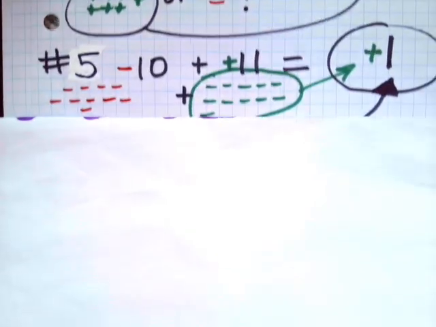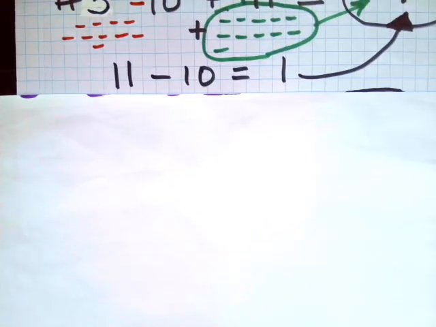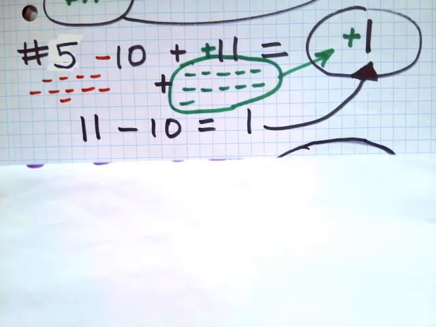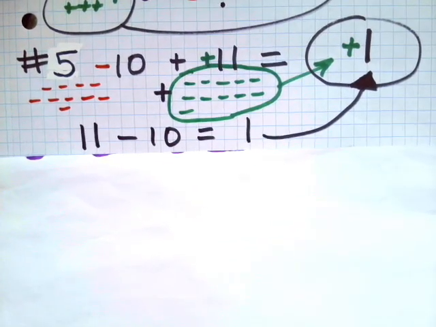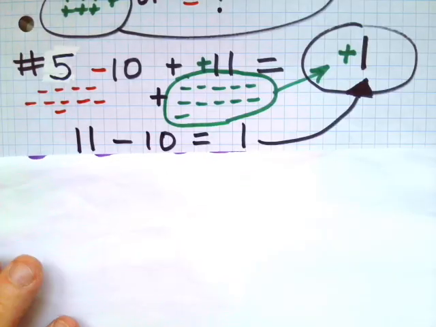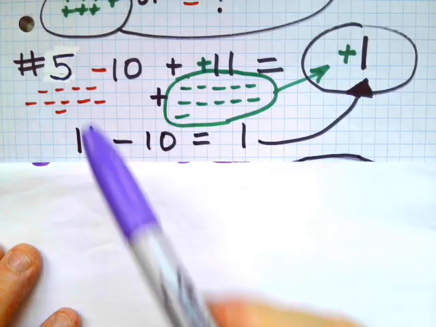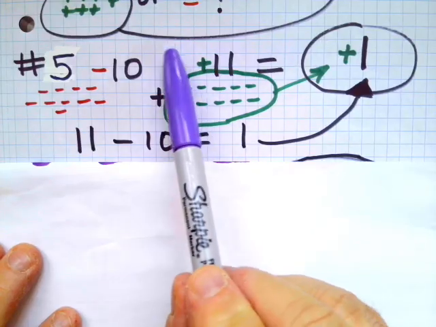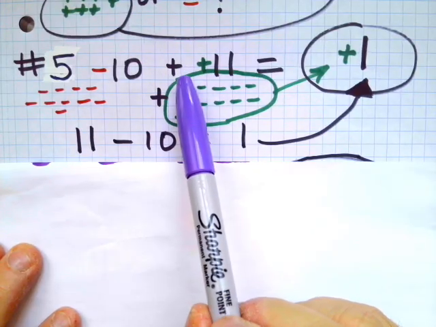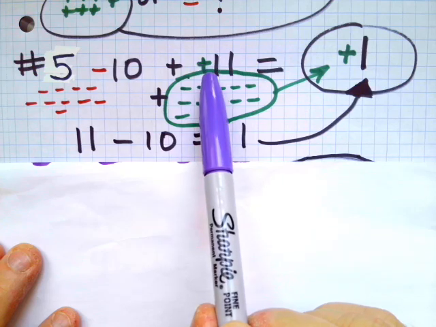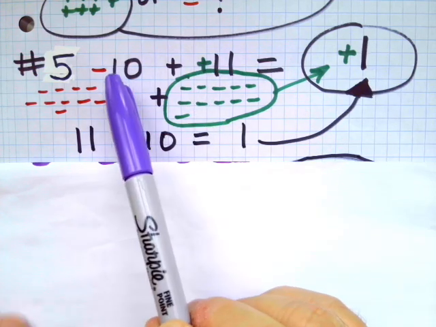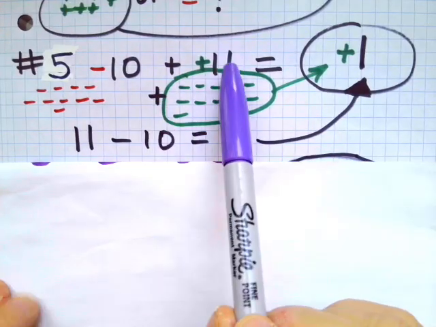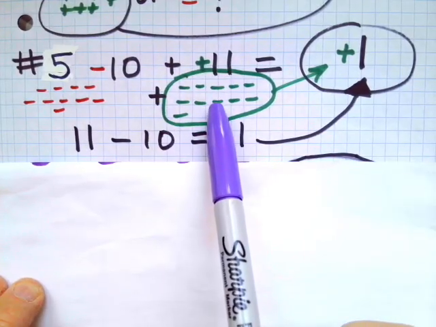Here, let's go over another example. I'm trying to show you here a little bit further. Number 5. Negative 10 plus a positive 11. Remember, this is addition rules, right? And here, do we have the same signs? No, they're different signs. So I have 10 negative values plus 11 positive values.